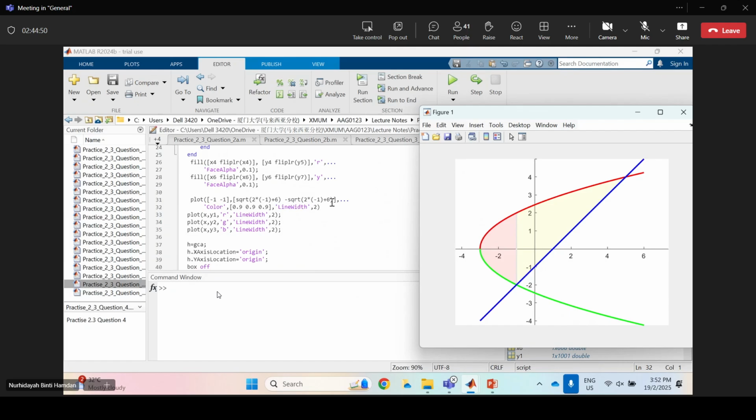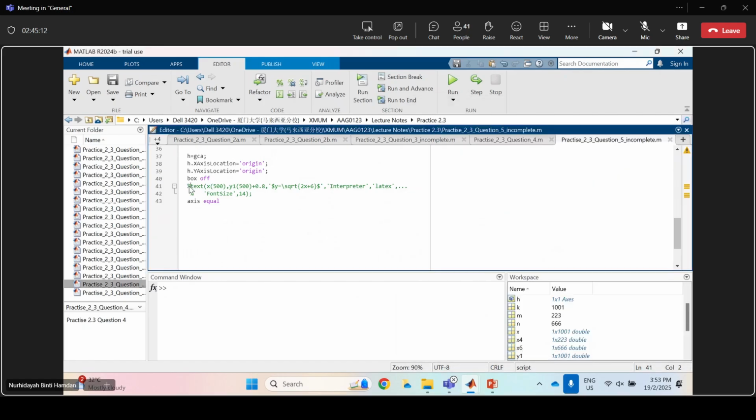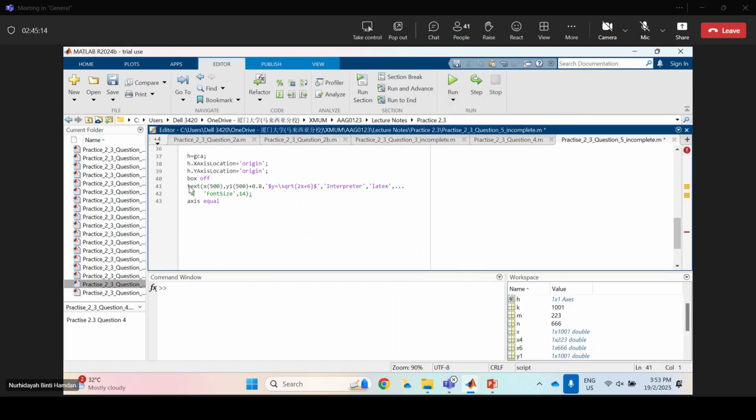Then followed by this, because when x is equal to -1, this is the y value. So -1, y is here. Then last one, I put the text for the curve.